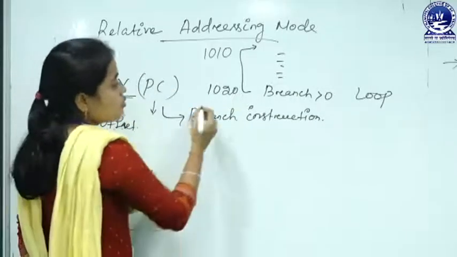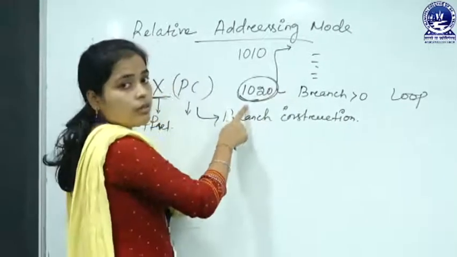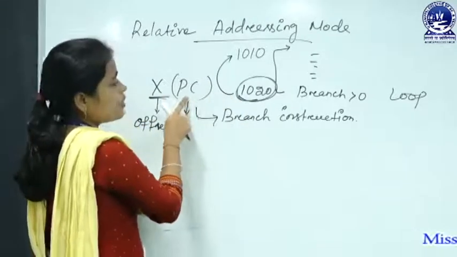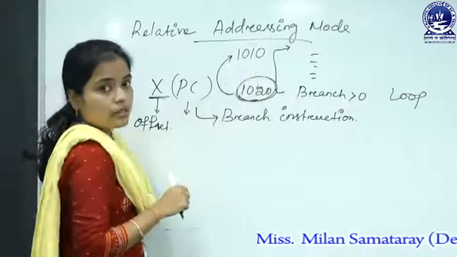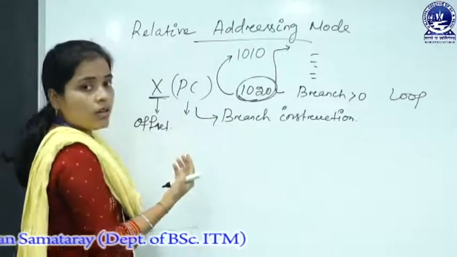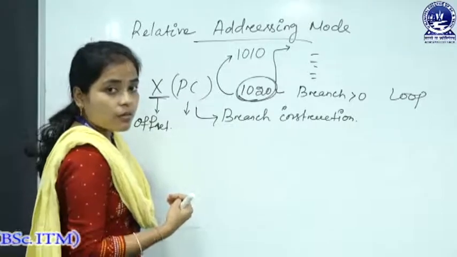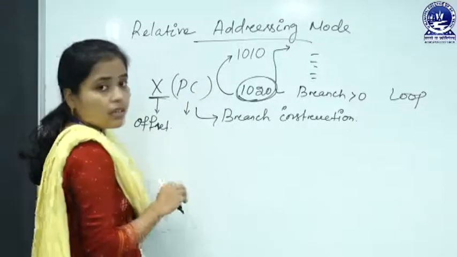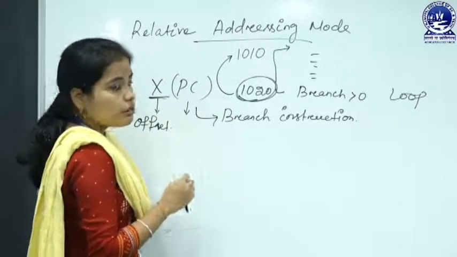Here it is the old content of PC, but we have to load the PC with this address. How do we store it? Because we know we can only increment the PC value, but here we have to load an address which is lesser than the content of PC. So, how will we do this?